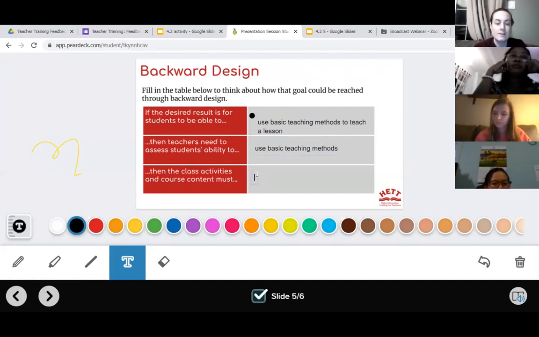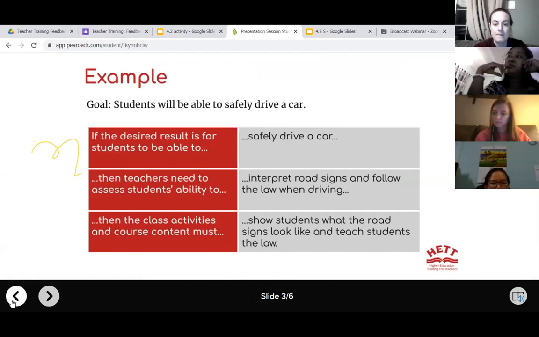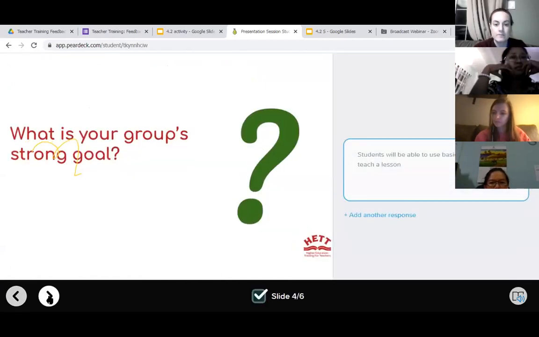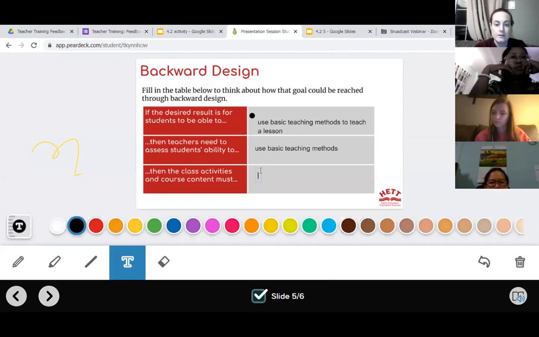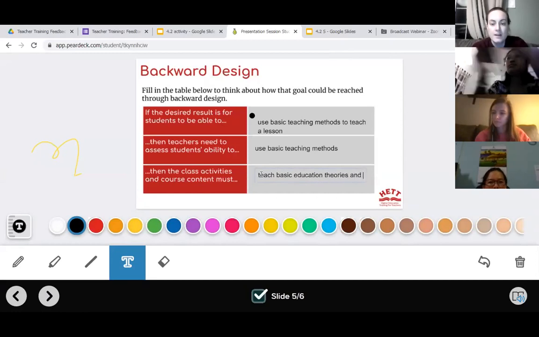Then the class activities and course content must teach basic education theories and teaching methods.